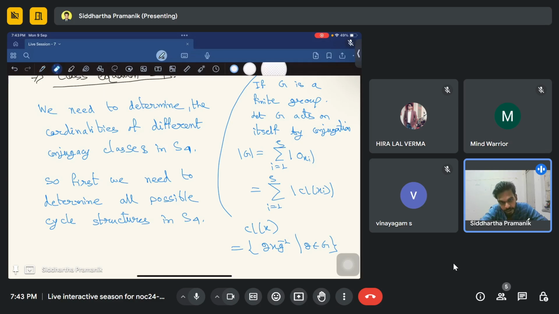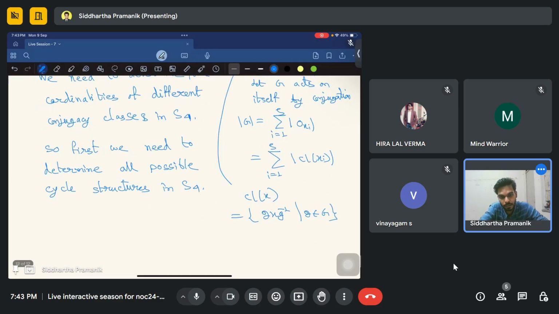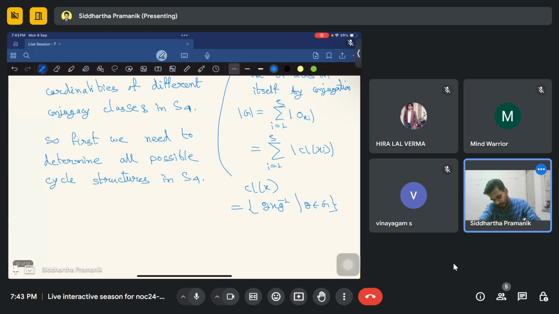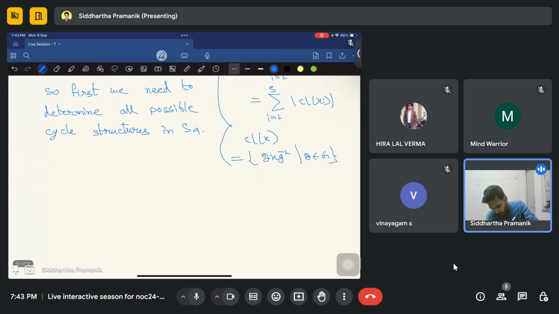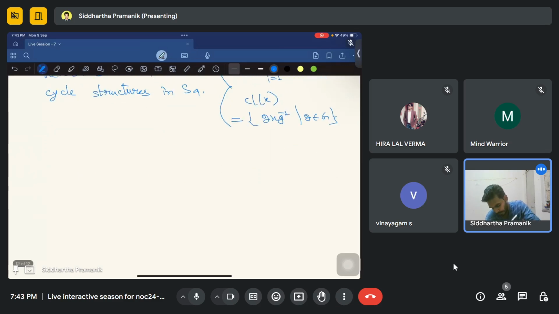Then we will find the orders of the conjugacy classes of those cycle structures. So let's make a table for that. Here we have cycle structures.